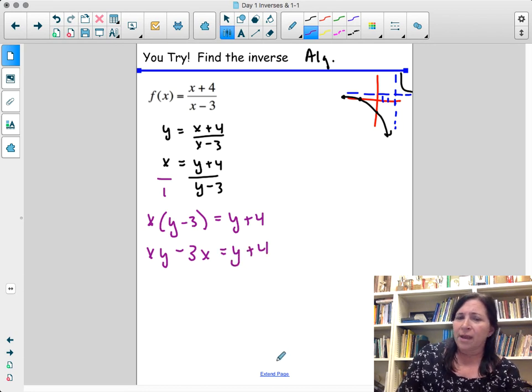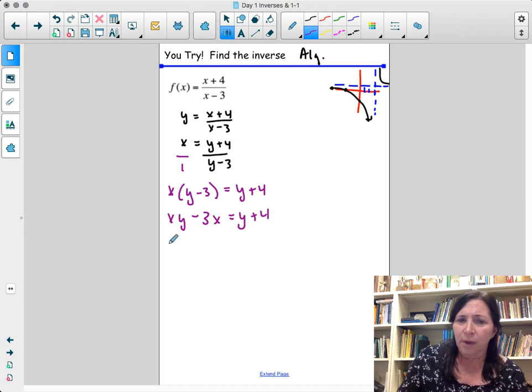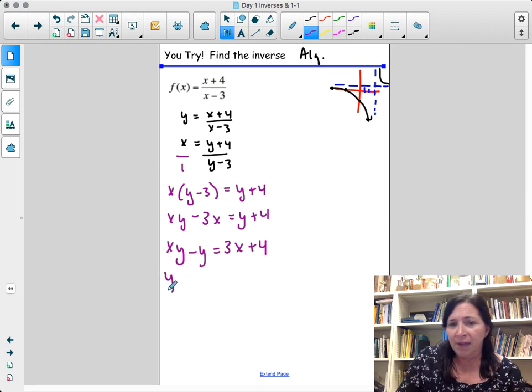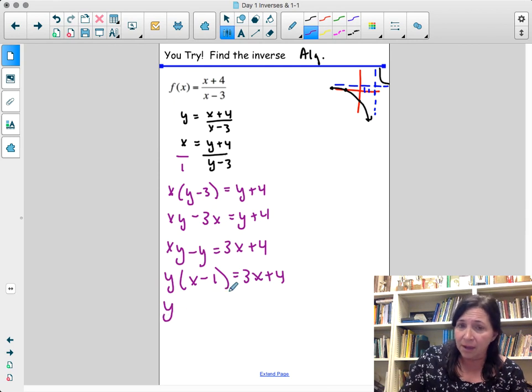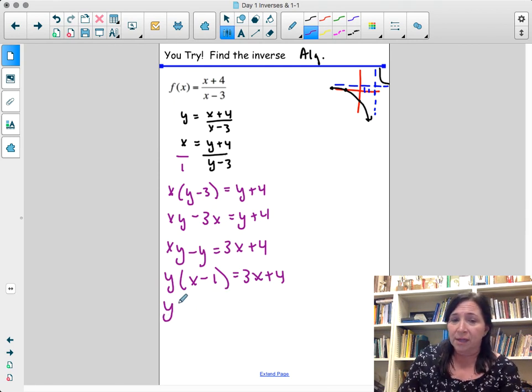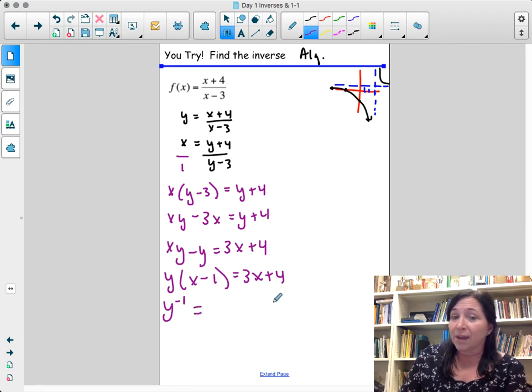I need to get the y's on the same side. So I have xy minus y equals 3x plus 4. I'm going to factor out a y, and I'm going to get y times x minus 1 equals 3x plus 4. And I'm going to divide by x minus 1, that whole quantity. And that gives me now y by itself, which is now my inverse.